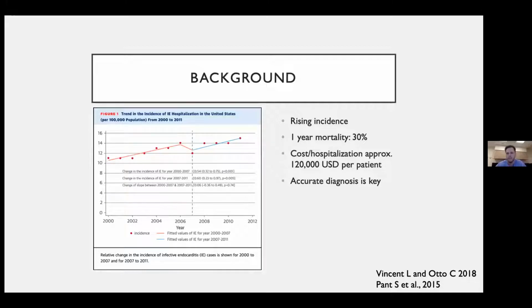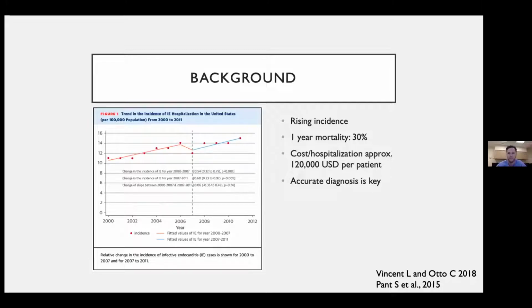The incidence of endocarditis has been steadily rising over the years for a variety of reasons. There's been an increasing number of patients with prosthetic valves and other prosthetic material. There's an increasing number of congenital heart disease patients surviving to adulthood. And of course, there's an aging population. And endocarditis remains deadly.